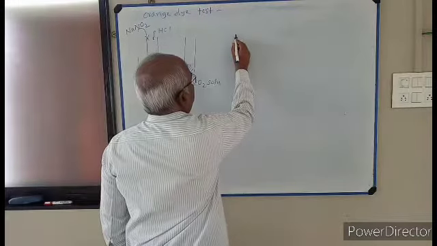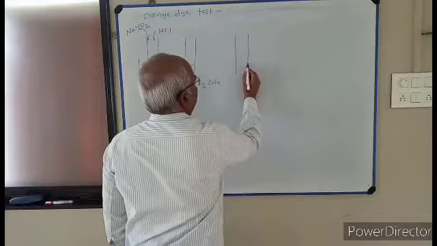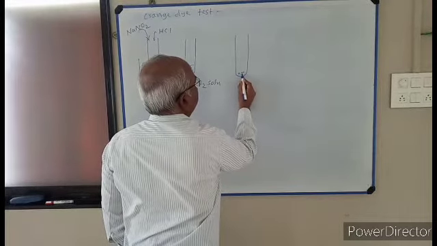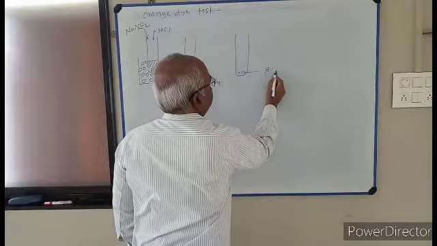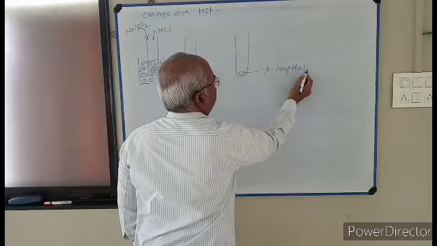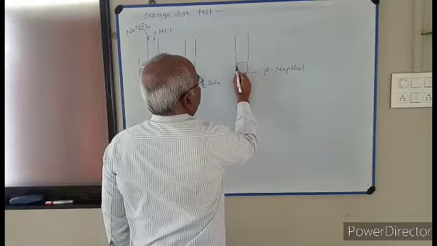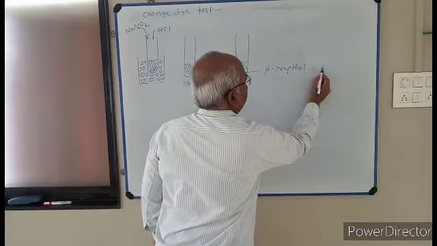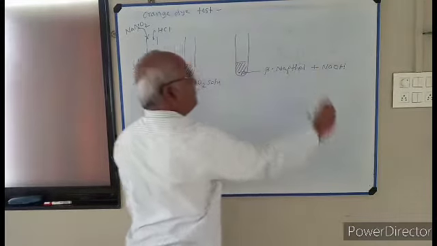In third test tube, beta naphthol is taken. Beta naphthol. And in this beta naphthol, sodium hydroxide, that is NaOH, is added.